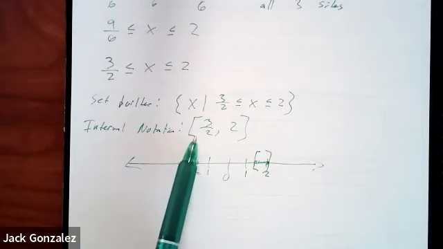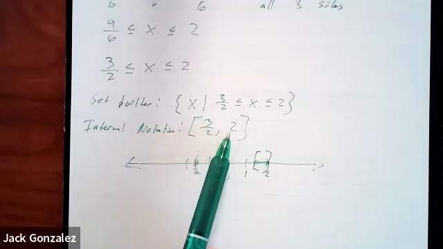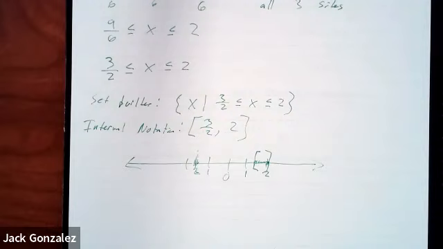So when you read this, this is saying everything between 3/2 and 2, including the endpoints, so the brackets tell you. So it's different from a coordinate. But they look the same though, so be careful. If they tell you it's an interval, for example, they say this interval, I mean everything between 1 and 5, but not including the endpoints.